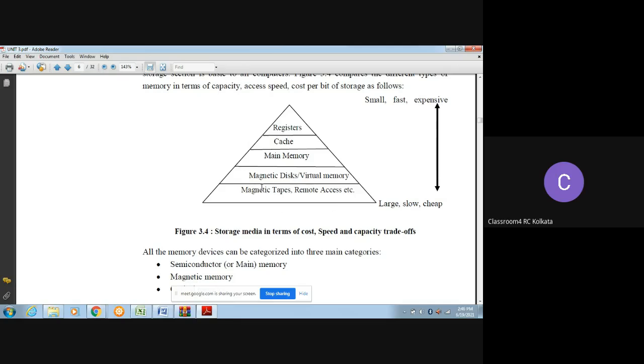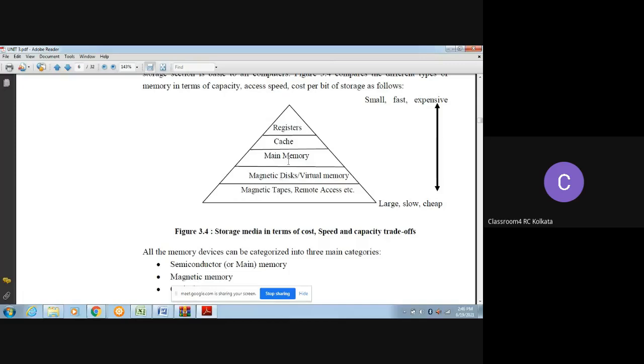So what is the basic concept? What is the hard disk? Hard disk is a very large storage unit, so that you can store the data permanently. When your system is shut down, the data is stored, and you can retrieve the data the next day or the next month easily. But not in the RAM.